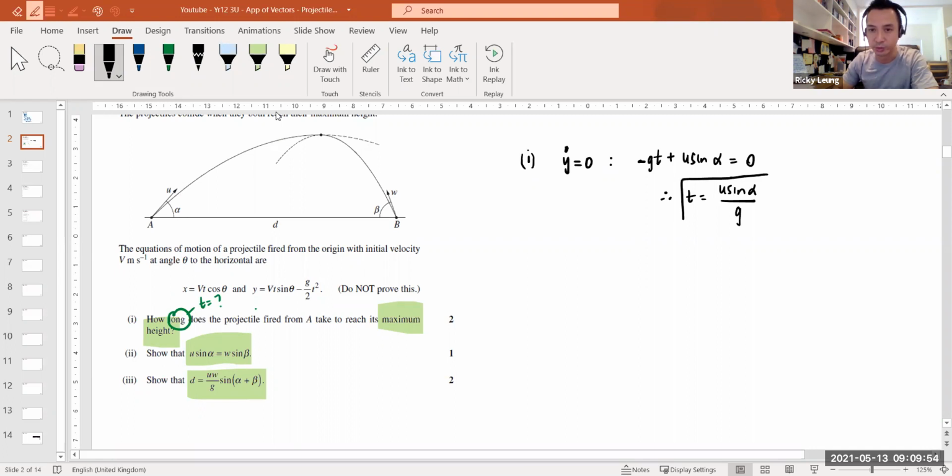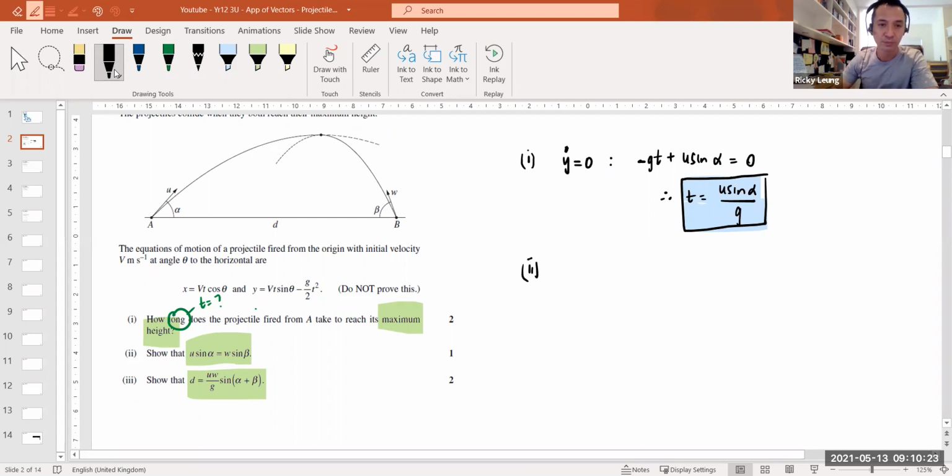It's no coincidence that this is exactly half of the total time of flight, because the maximum height without air resistance is right in the middle, because it's symmetrical. So that's the answer. Pretty straightforward. Now, it's 2 marks because I suspect you need to prove it from scratch at times. But in this case, I'm looking at the answers and it looks like that. So let's move on.